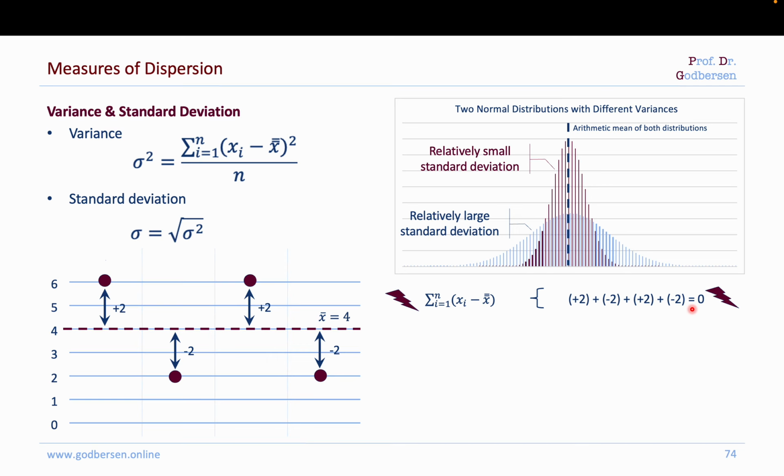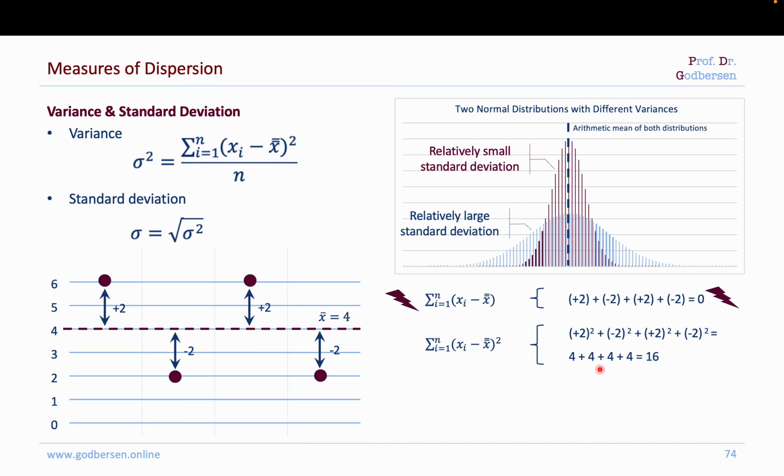But we have a trick in mathematics, and that is minus times minus equals plus. So we can get rid of the minus by squaring our values. Again, we take the measured value xi minus the arithmetic mean x average, and we square them. We multiply them with themselves. In our case, 2 times 2 is 4, minus 2 times minus 2, again minus times minus equals plus, is 4, 2 squared 4, and then minus 2 squared 4 again.